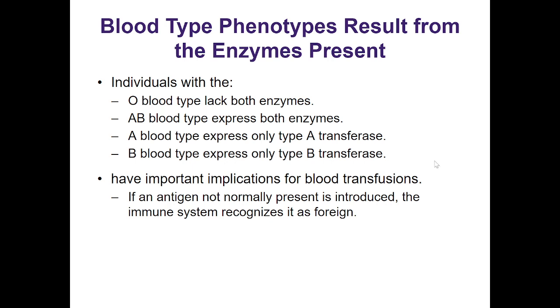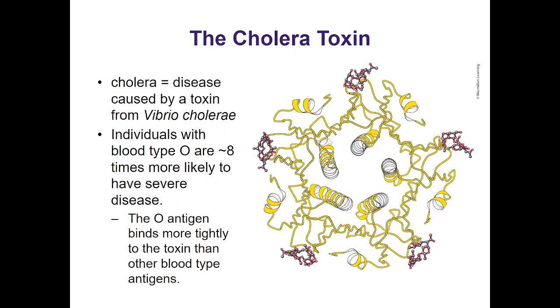There are very important implications for blood transfusions, of course. If you give somebody the wrong blood transfusion for their blood type, it will cause an immune response all throughout their body and can kill them very easily. If an antigen not normally present is introduced, the immune system will recognize it as a foreign body and attack it, and it will cause havoc throughout their entire body.